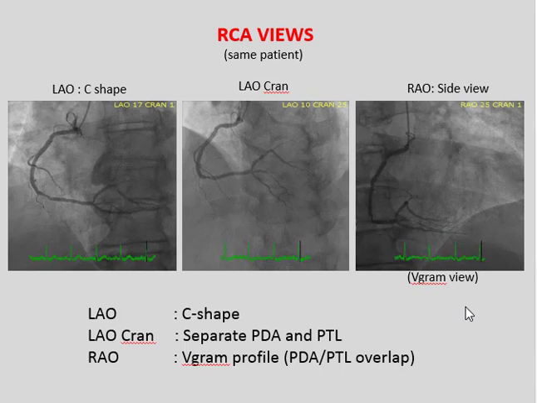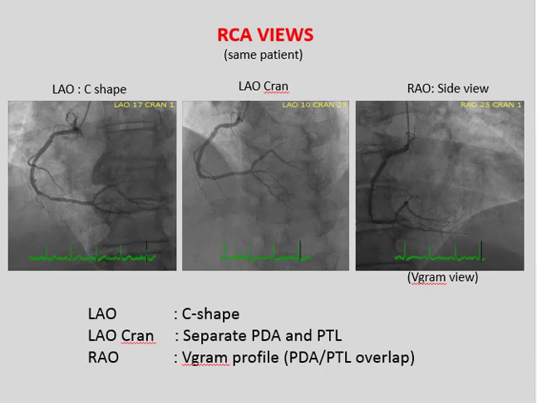I think you should be able to remember or memorize them. That's the easiest way. However, the C shape with the heart end to end should be straightforward. You can imagine it. The RAO in profile, the vessels overlapping in that inferior aspect, and the LAO cranial tilt separates the two bottom ones. It's a matter of getting used to them more than anything.